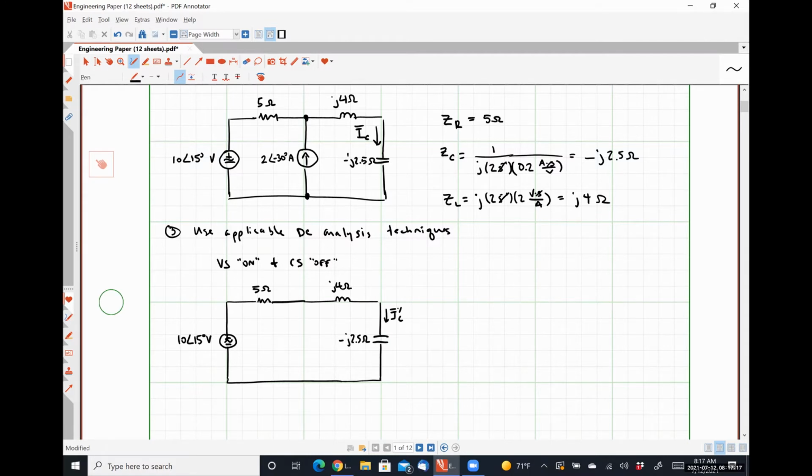And it should be fairly trivial to see now that we can figure out what IC prime is just using Ohm's law, right?